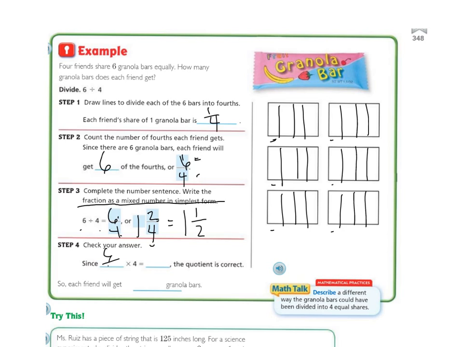Since 6/4 divided by 4 is 6, the quotient is correct. So each friend will get 1 1/2 granola bars, or you could say 6/4 granola bars.